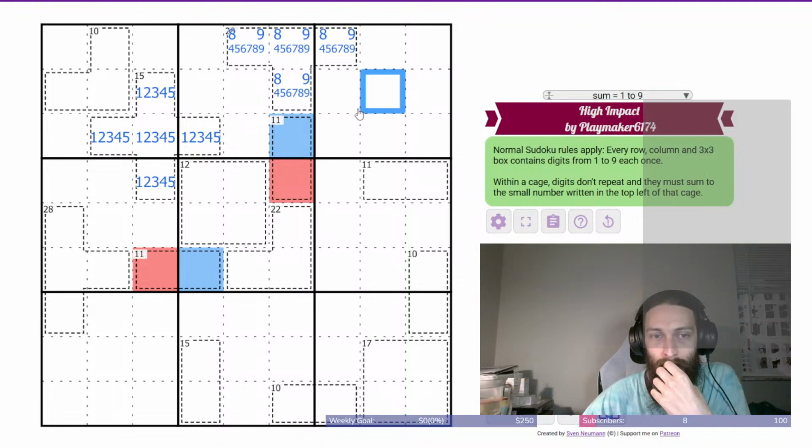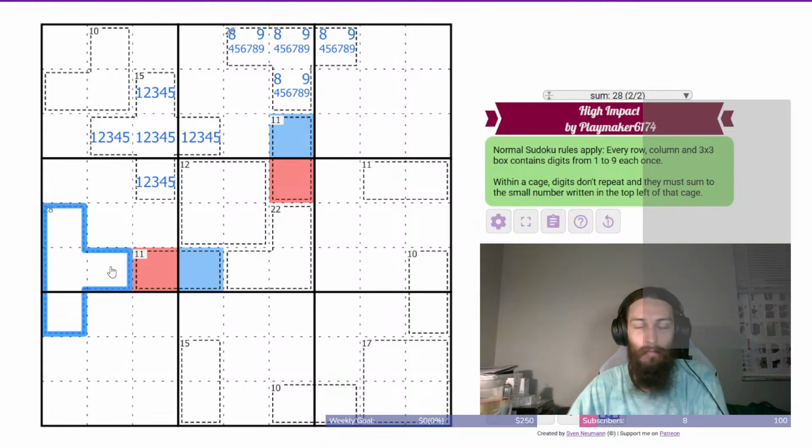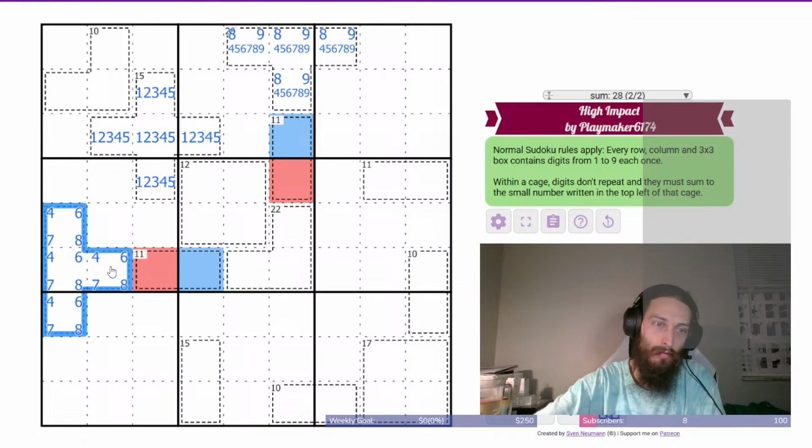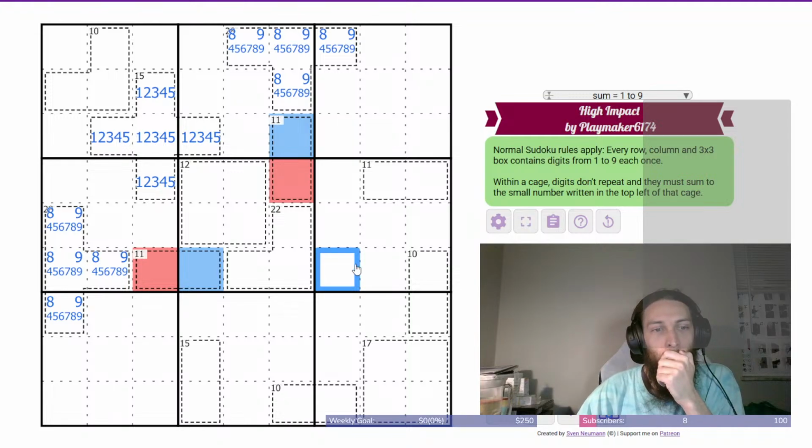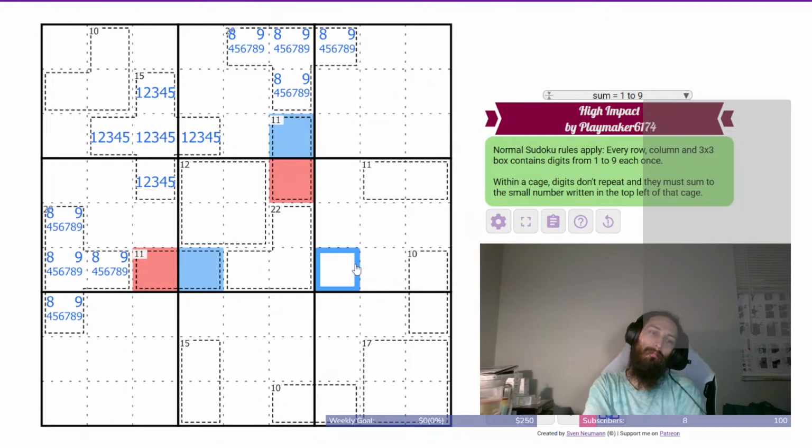Same with the other 28 cage on the left side. Okay.